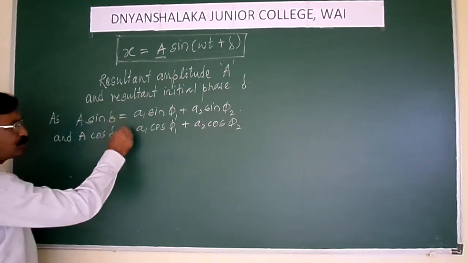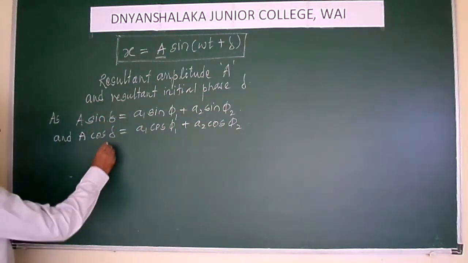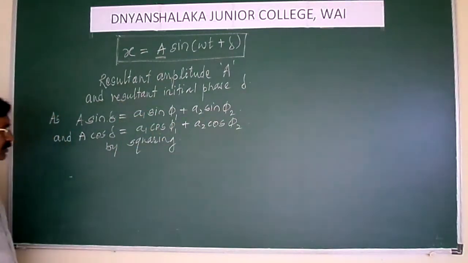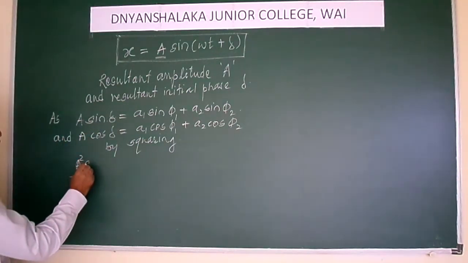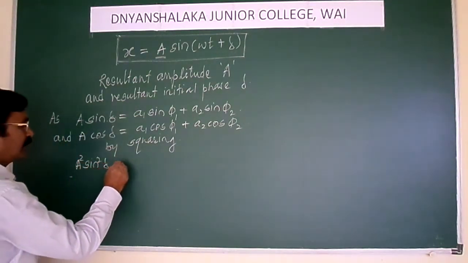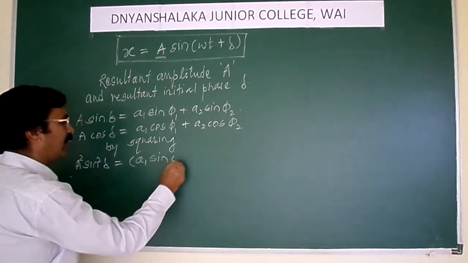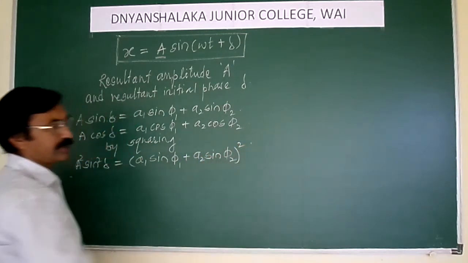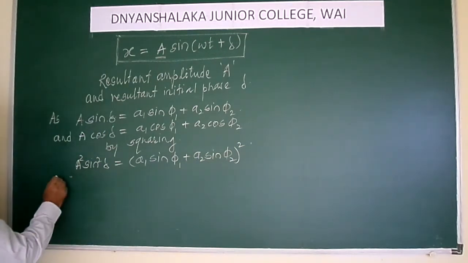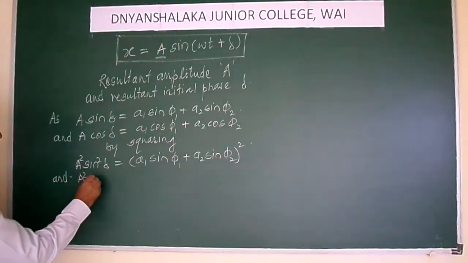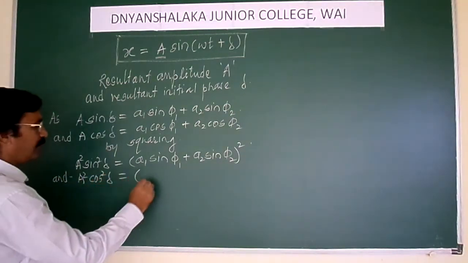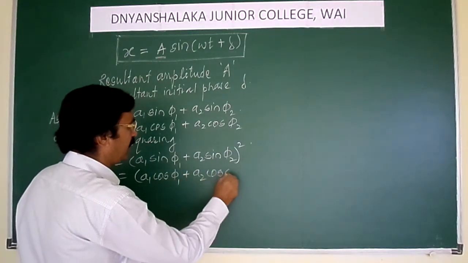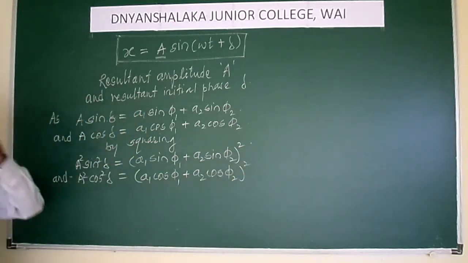So squaring these two equations, we get A square sin square delta equal to (A1 sin phi 1 plus A2 sin phi 2) the whole square, and A square cos square delta equal to (A1 cos phi 1 plus A2 cos phi 2) the whole square.